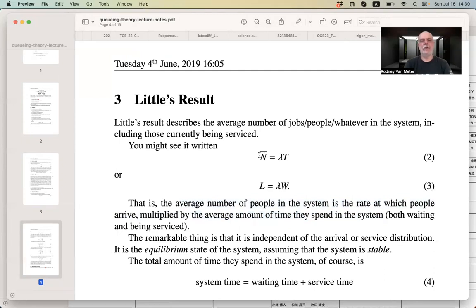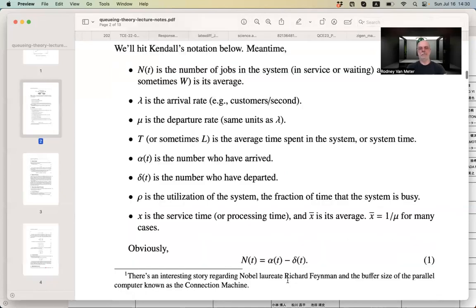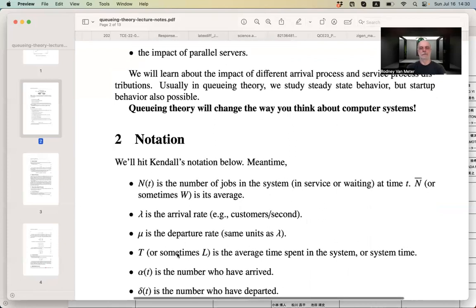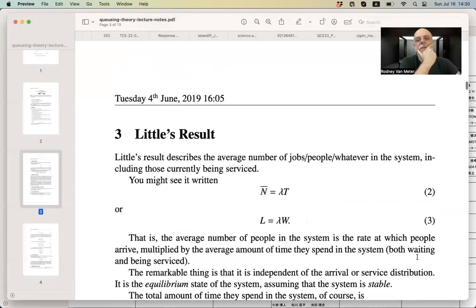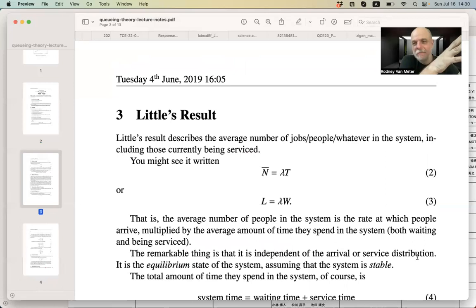So n bar here is the average number of people in the system, including both people who are waiting to be serviced and people who are being serviced. Lambda is the rate at which people arrive, and T is the amount of time that they spend in the system. So the average number of people in the system is the rate at which they arrive multiplied by the average amount of time they actually spend in the system.